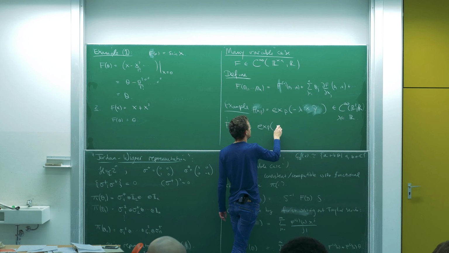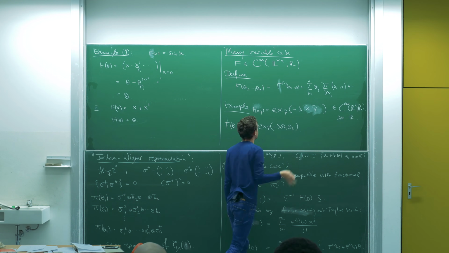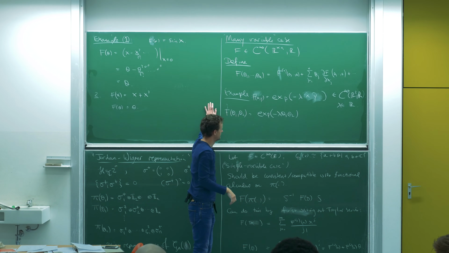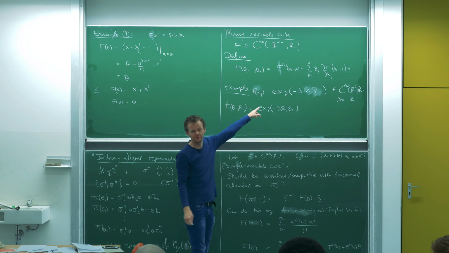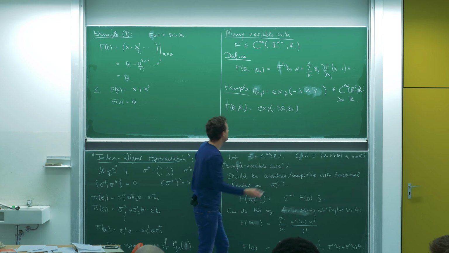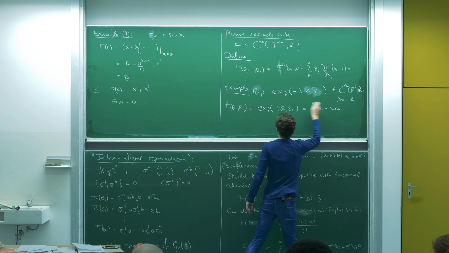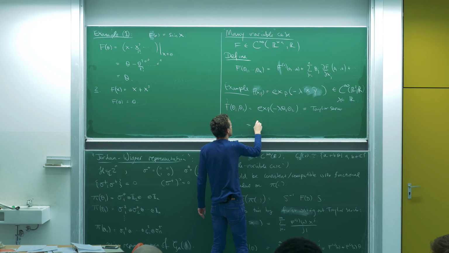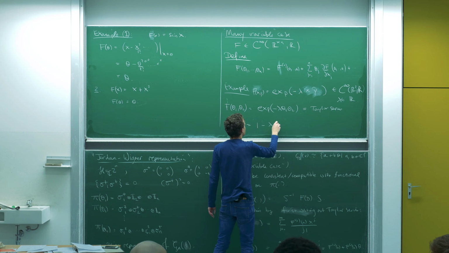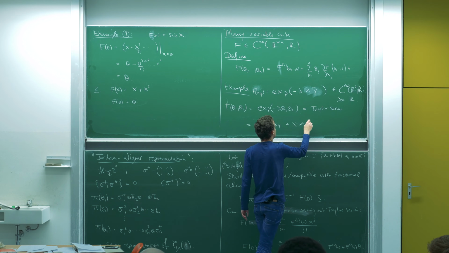The first rule is, I'm going to sort of cheat. You just stick in thetas where the x's and y's are. And this must be understood by a Taylor series. We need to do a Taylor series before we've evaluated this. So let's do the Taylor series for the exponential. So this is 1 minus lambda xy plus lambda squared x squared y squared, and so on.